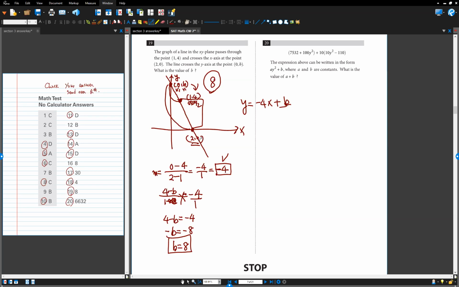You can use any point. Or if you want to use 2, 0, it's okay. x equals 2, y is 0. So 0 equals negative 4 times 2 plus b. b equals how much? 8, isn't it? You can solve this way too, using the equation, using the slope.